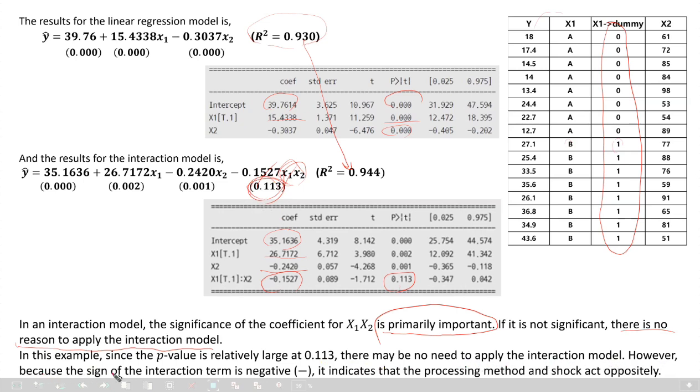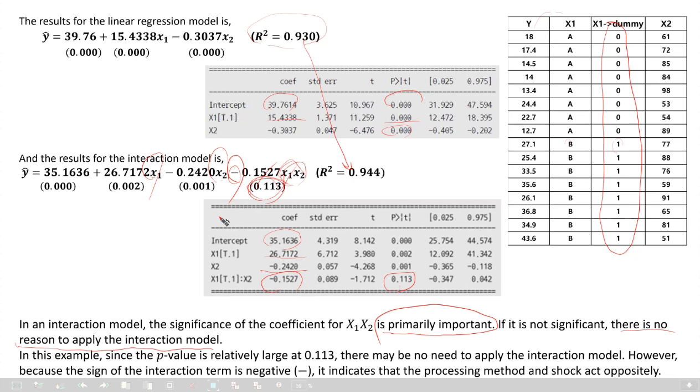However, because the sign of the interaction term is negative, it indicates that the processing method x1 and shocks x2 act oppositely. That just gives us some meaning from the interaction model.